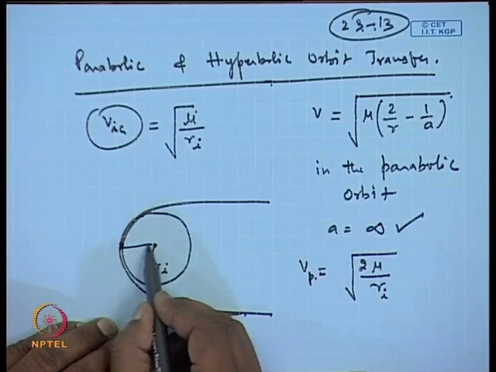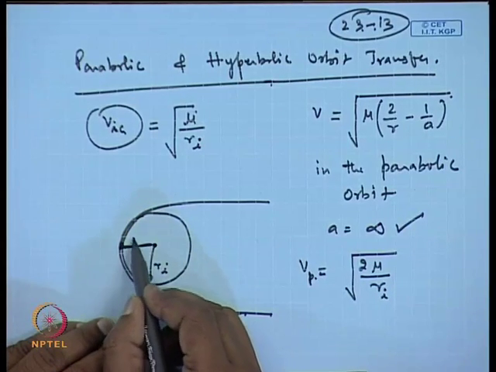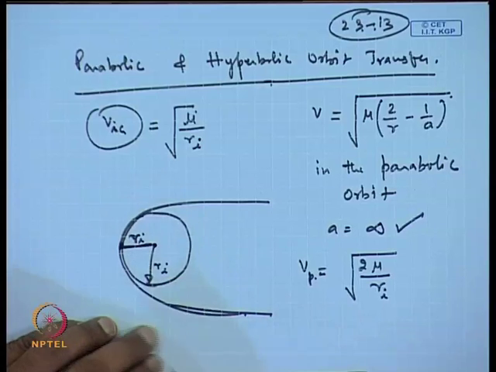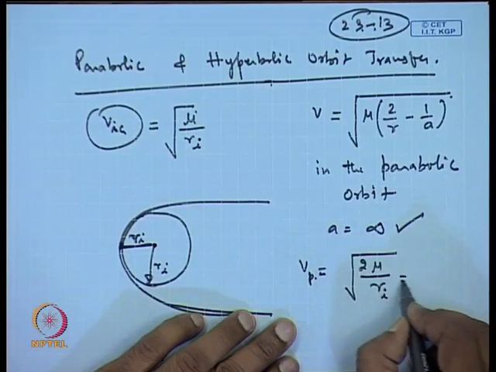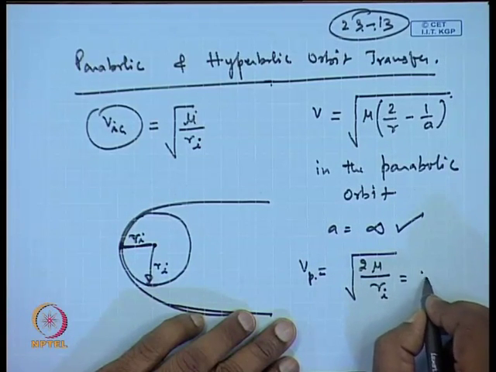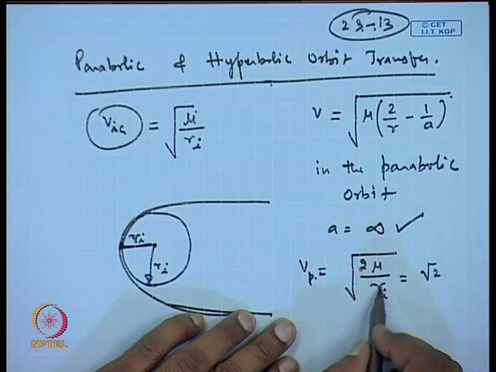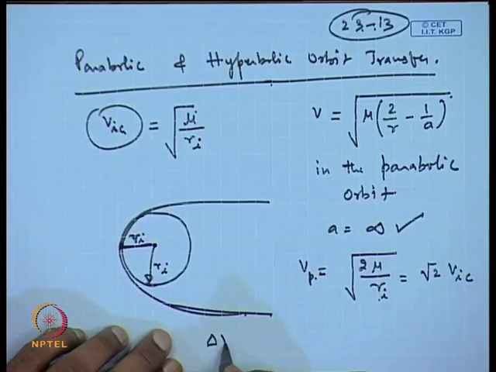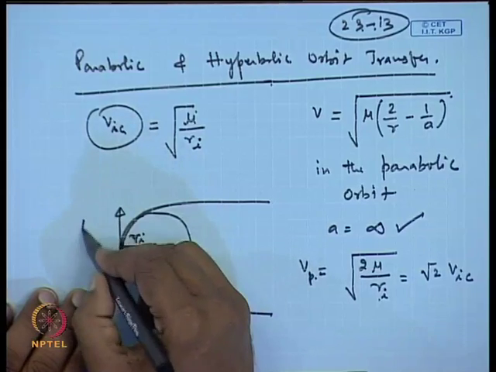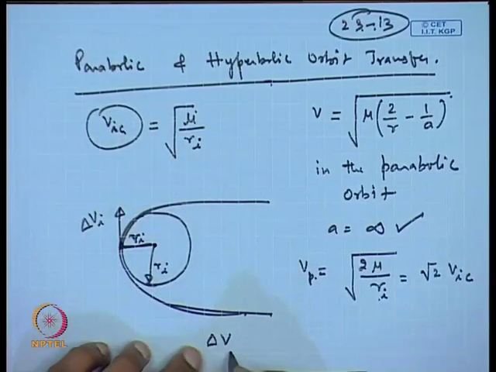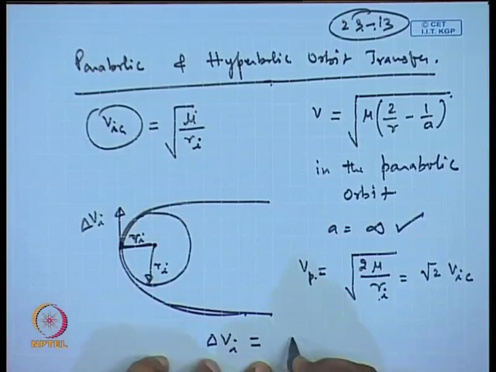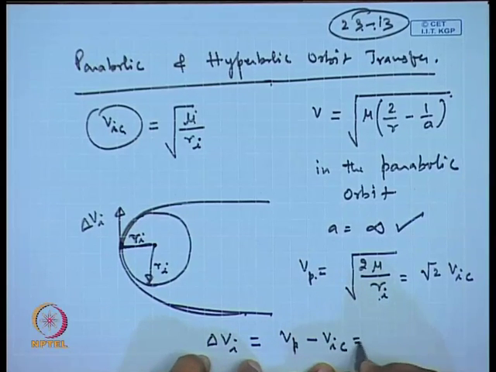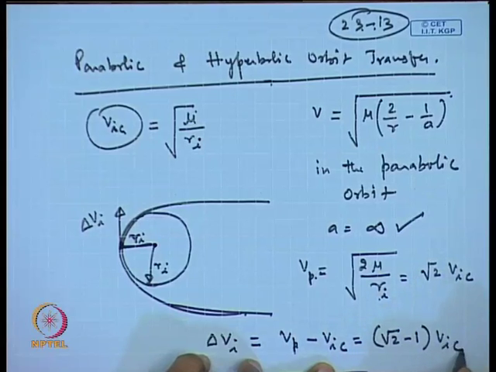So, if we are here in this place, this is the distance r_I. So, this is nothing but square root of 2 times mu by r_I, which is V_IC. Therefore, the delta V, the impulse that you need here in this place, delta V_I, will be V_P minus V_IC, which is equal to (square root of 2 minus 1) times V_IC.